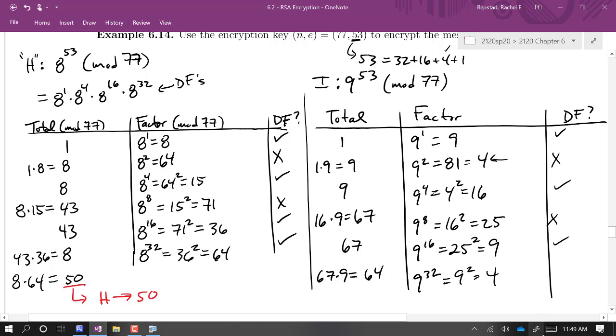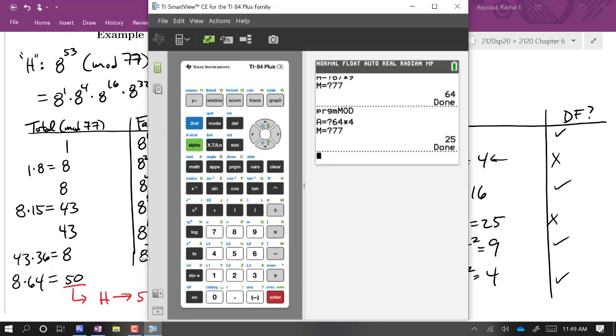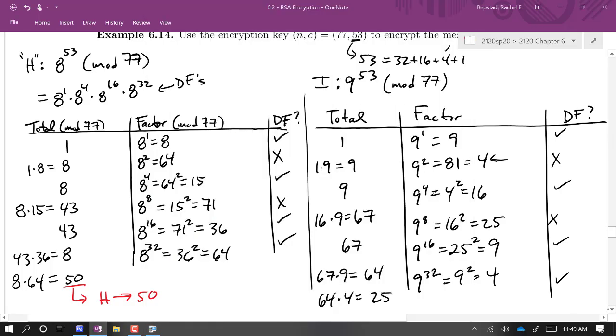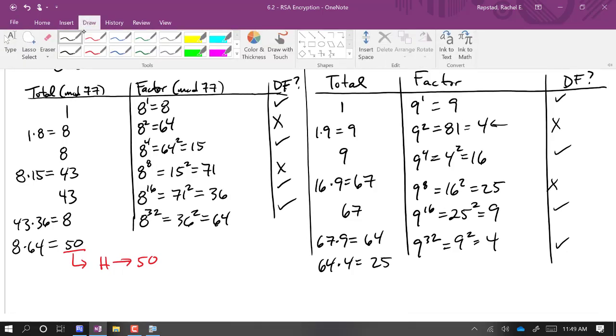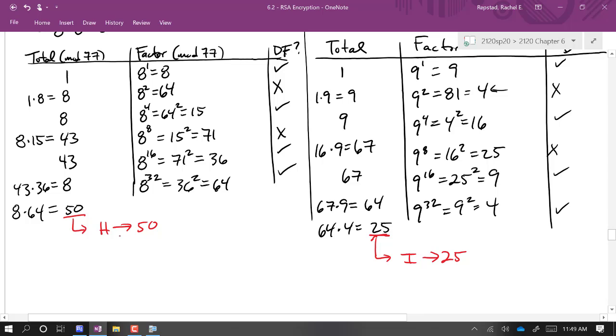So that's a desired factor. It's our last one. 64 times 4 mod 77 is 25. So that means that the letter I is encrypted as the number 25. So we would send the two blocks, 50 and 25, to the recipient.